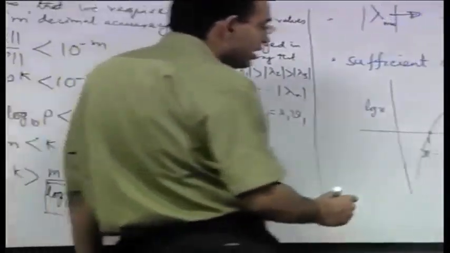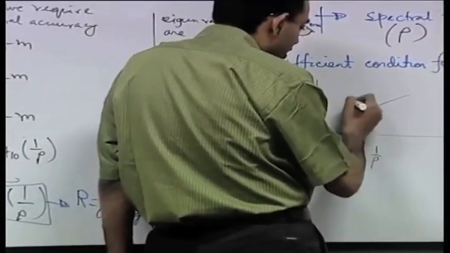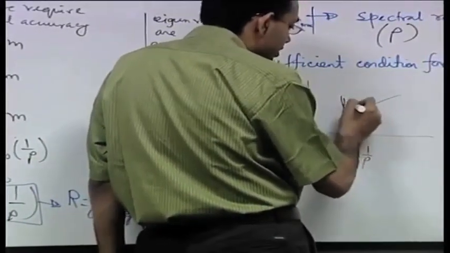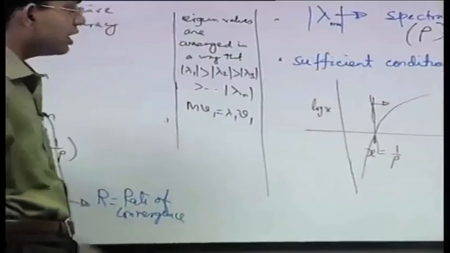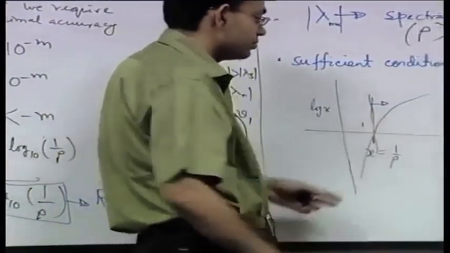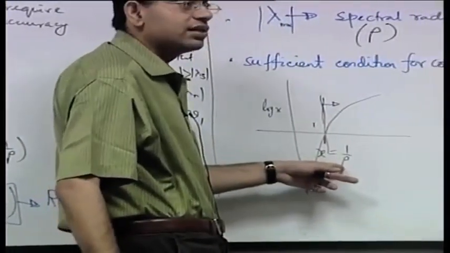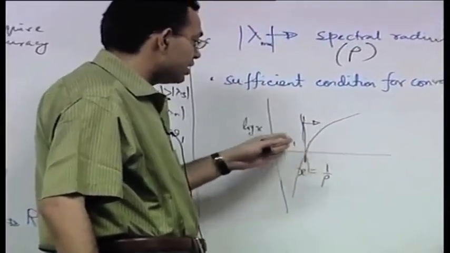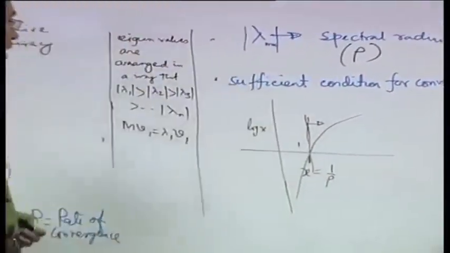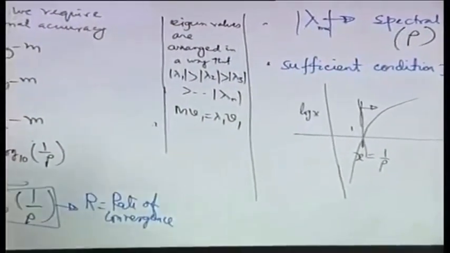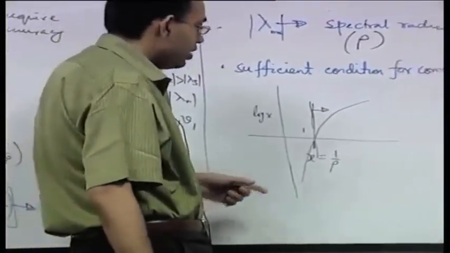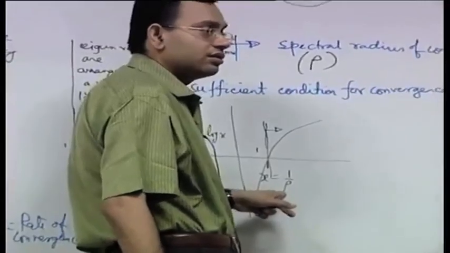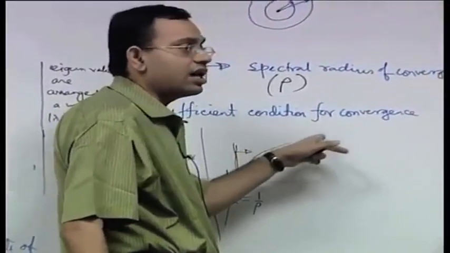So, essentially you are dealing with variations towards the right side of x equal to 1 because rho is less than 1. As you increase x, your log x increases, and in the limiting case when rho is very small, log x is very large.